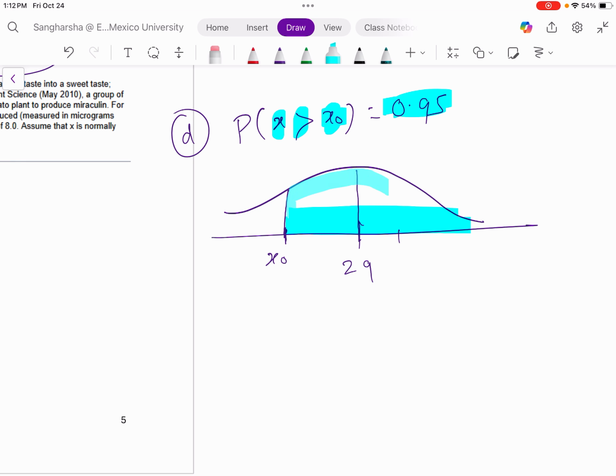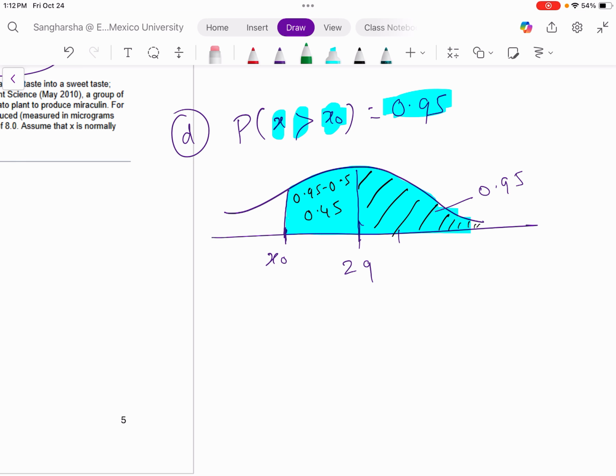So all this area, probability is the same as area. This area is 0.95. We know this area is 0.5, so the remaining area is 0.95 minus 0.5. We get 0.45.